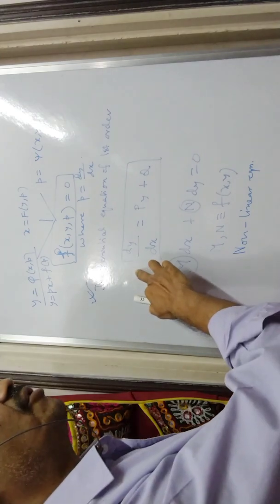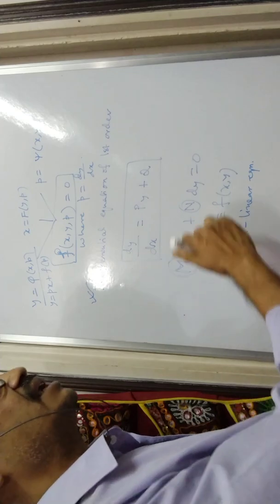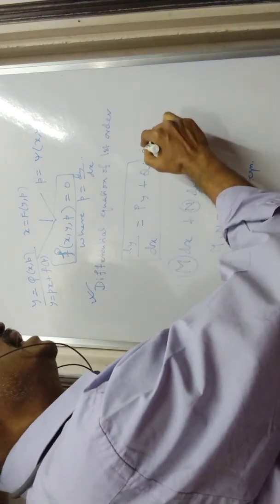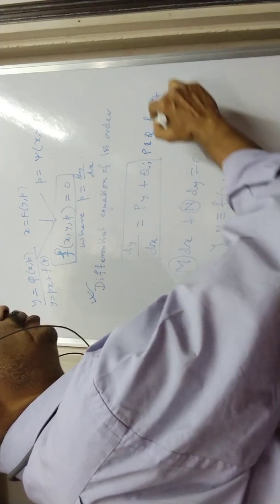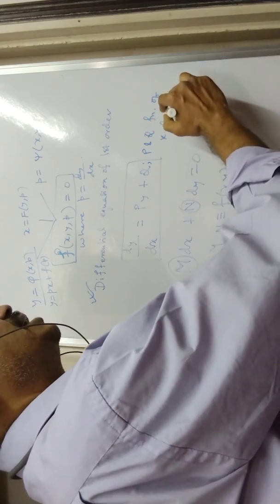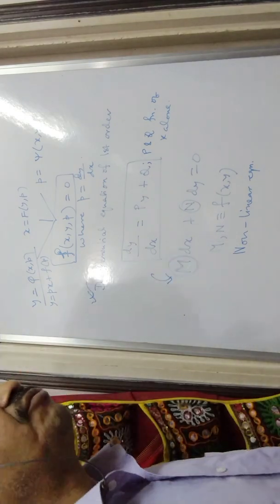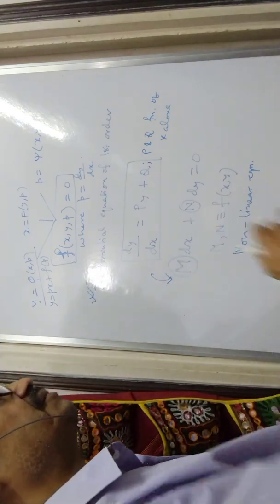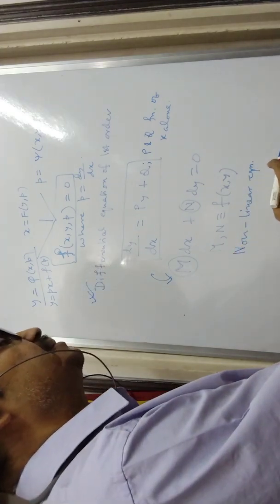This is the most general form of differential equation of first order and first degree, where it is tacitly assumed that P and Q are functions of x alone, because if there is y, then we come to this form where M and N are functions of x and y both, which includes nonlinear equations.